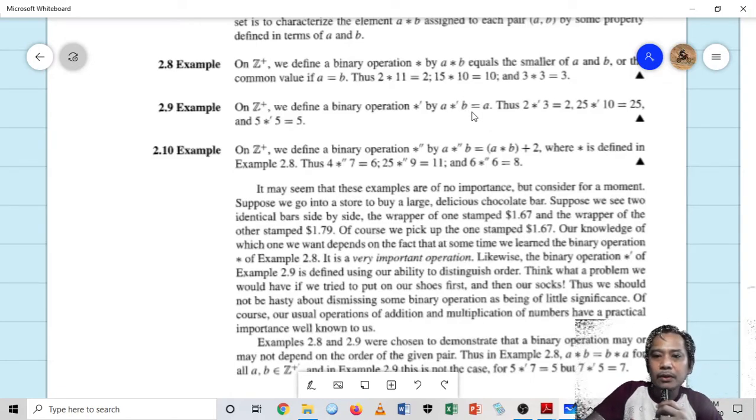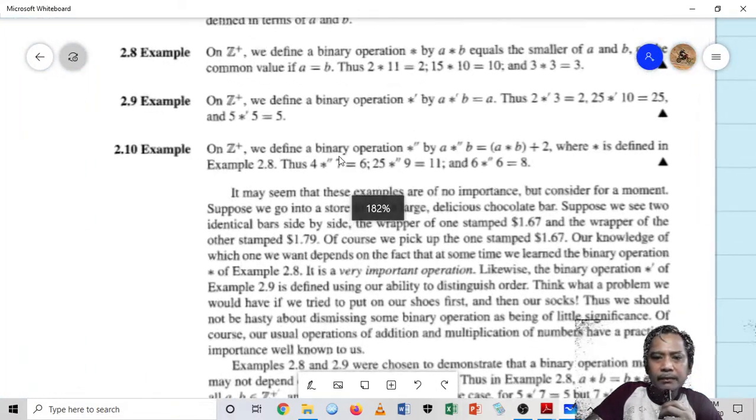By this rule, what is mentioned first would always be the answer. So 2 operation 3 is 2. 25 operation 10 is 25. 5 operation 5 is 5. So the answer would always be an element of the given set, because the first element mentioned is an element of the given set. So this operation is a binary operation.